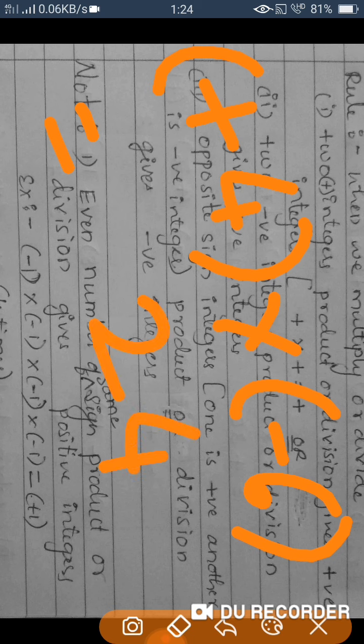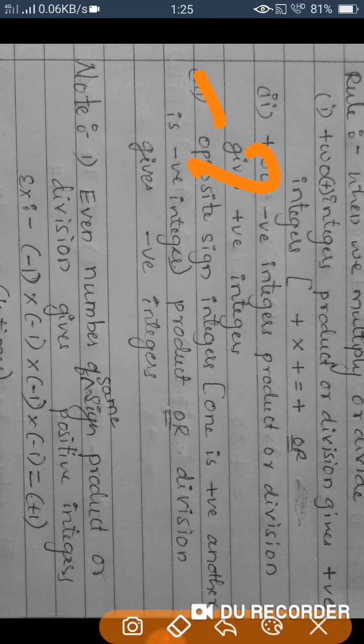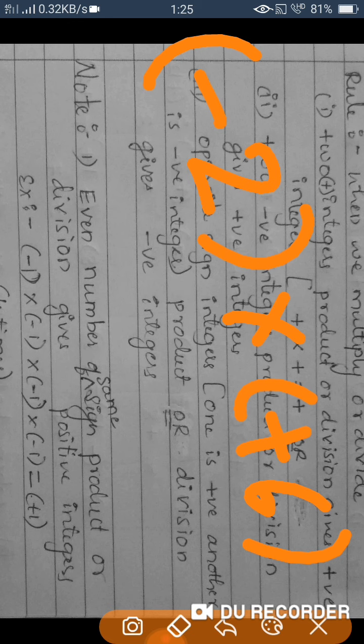One is positive, one is negative, so directly negative. Or you can take the reverse: negative 2 into positive 6. 2 sixes are 12. The sign is negative. That's all.